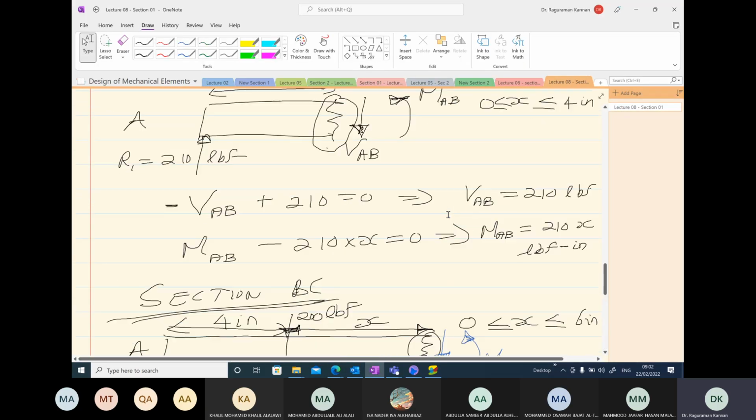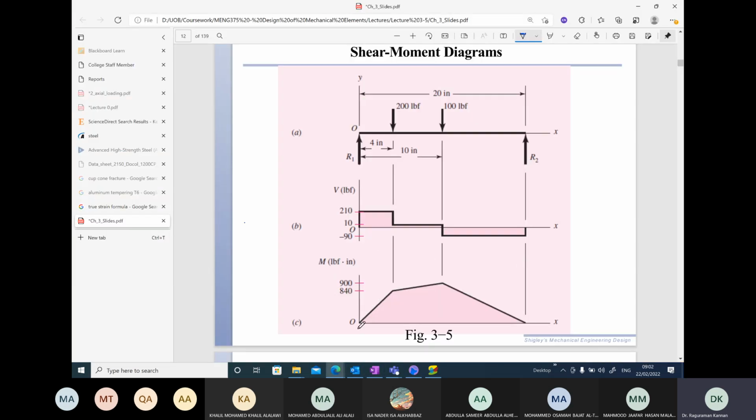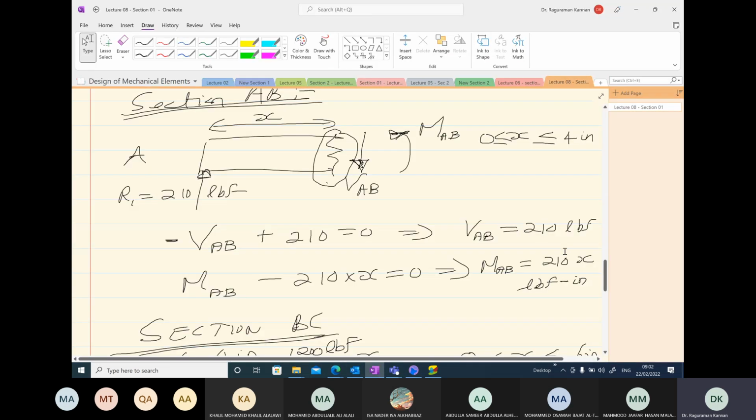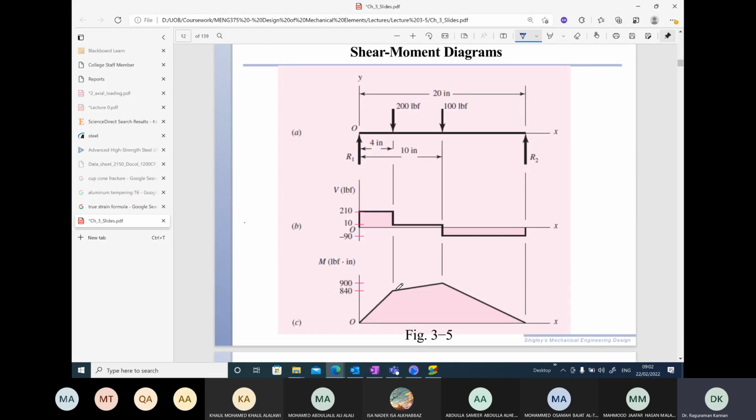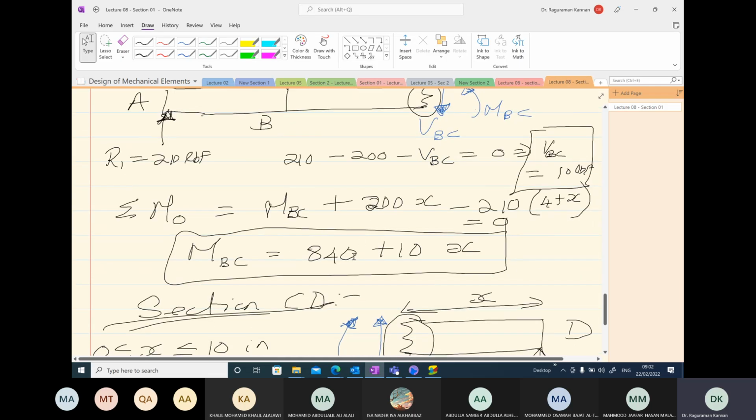Draw the bending moment diagram. We go back to section AB and we see 210 times x. On the left hand, x is equal to 0. MAB at that point is 0. We put 4 here and we will get 840 pound force inch. And that is the point here corresponding to the point 4 inches. Now in the second section, right at the point B, x is equal to 0 here, and we get 840, which coincides with this 840 value.